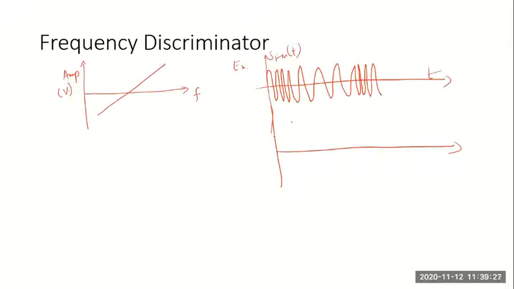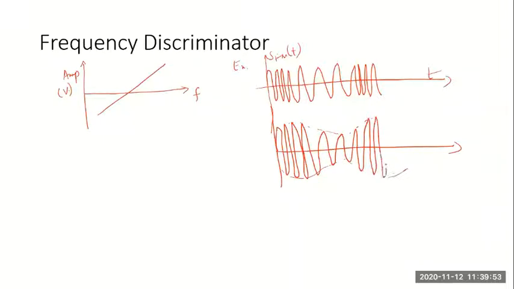I had spoken about this. What would the output be? This output would be changing in amplitude when frequency increases, and it is going to have lesser amplitude when frequency decreases. So you have both amplitude and frequency modulation possible in a signal.